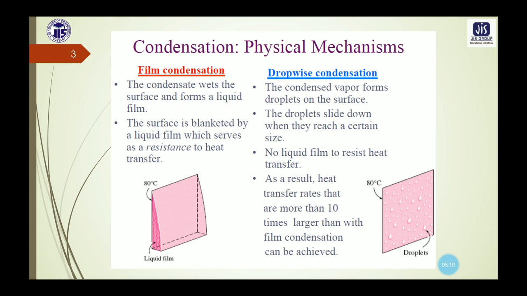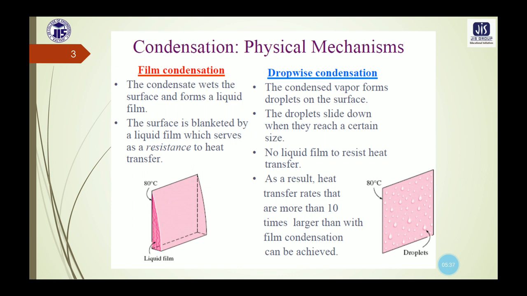In this diagram we can see that in the case of film condensation, a liquid film is there over the surface. That means the condensate wets the surface and forms a liquid film. That's why the name is film condensation.